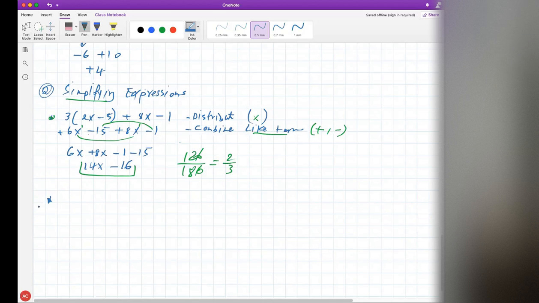So we'll give you another one. Let's put in maybe some more parentheses. So you could have, let's say, something like negative 5, maybe negative 4x plus 1, maybe even another set of parentheses, like maybe 2x and maybe negative 3.